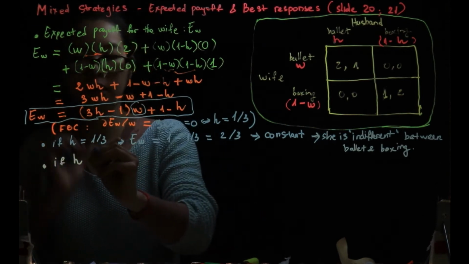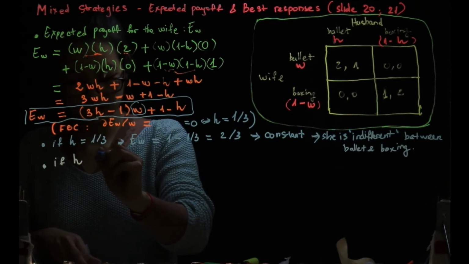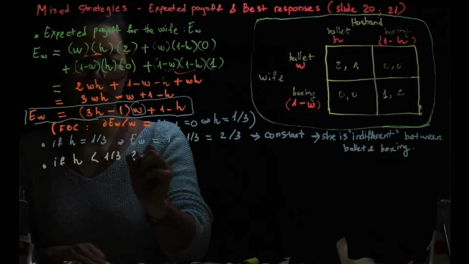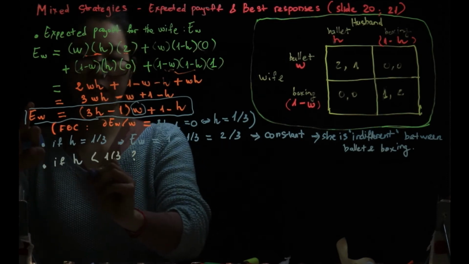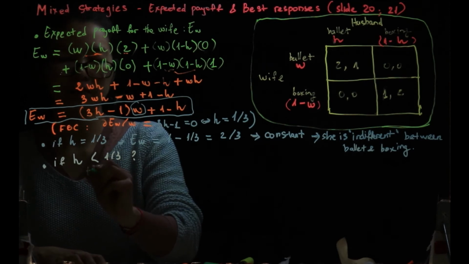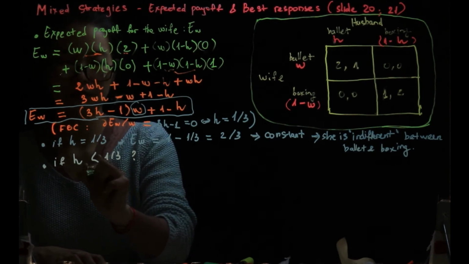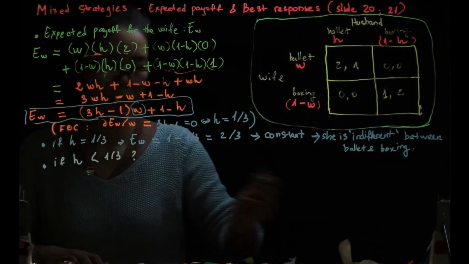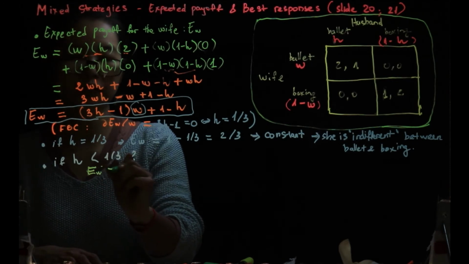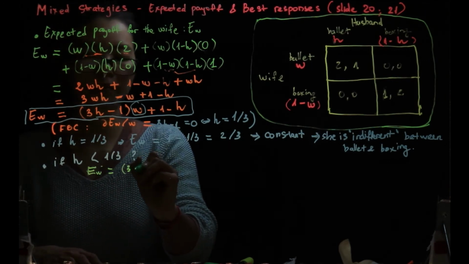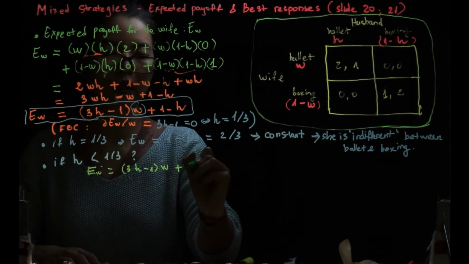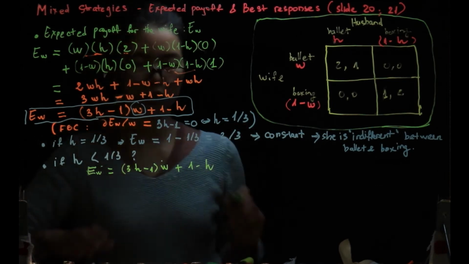H is smaller than 1/3? I need this term, so I write it here again. E_W equals (3H minus 1) times W plus (1 minus H).